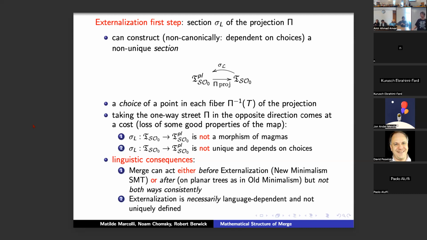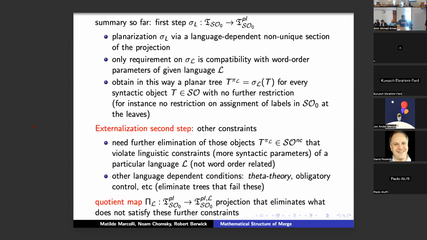But other than that, no, you're making a choice. So you're making a choice that is language dependent. It's necessarily so because you don't have a canonical way of making this section. Okay, so those are the consequences of this simple algebraic fact.